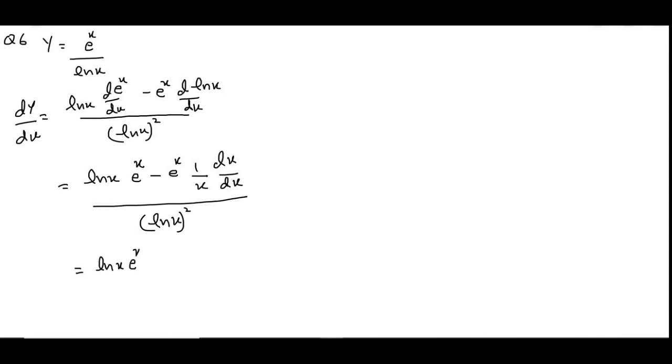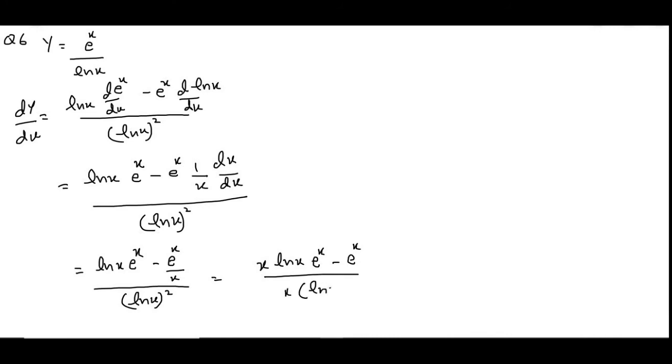e raised to power x minus e raised to power x over x, and whole divided by ln x whole square. So taking the LCM, x ln x e raised to power x minus e raised to power x, and whole divided by x ln x square.